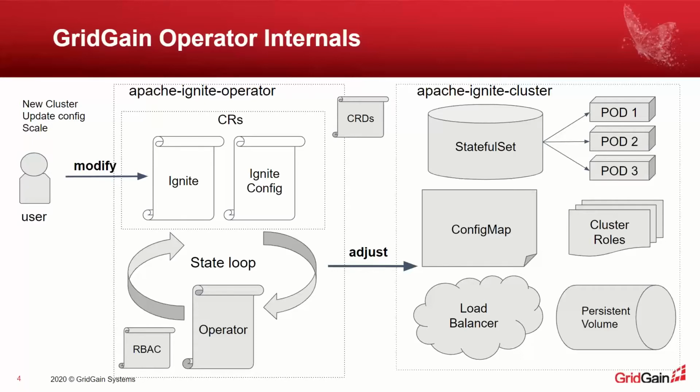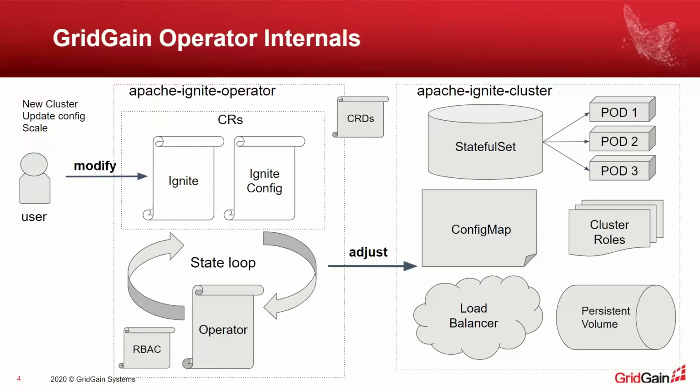So for example, imagine that at the moment there are no CRs deployed yet, and there is only an operator deployment running. When a user creates Ignite or Ignite config resources with the desired state, the operator detects these changes: okay, previously there were no custom resources, now they exist, and I need to create a new cluster with the specific configuration in these custom resources.